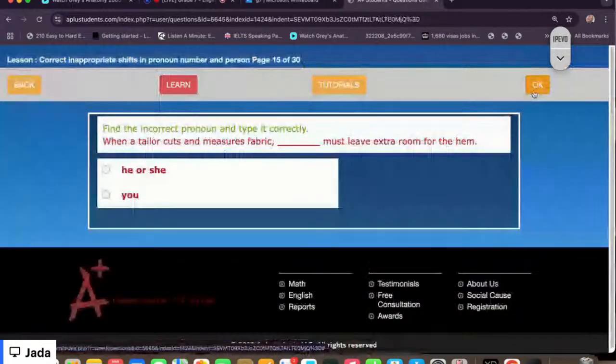When a tailor cuts and measures fabrics, dash must leave extra room for the hem. He or she or you, what do you think?